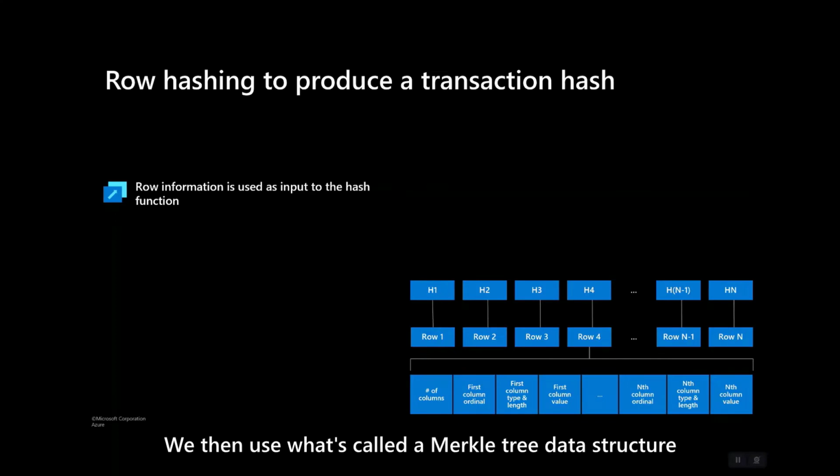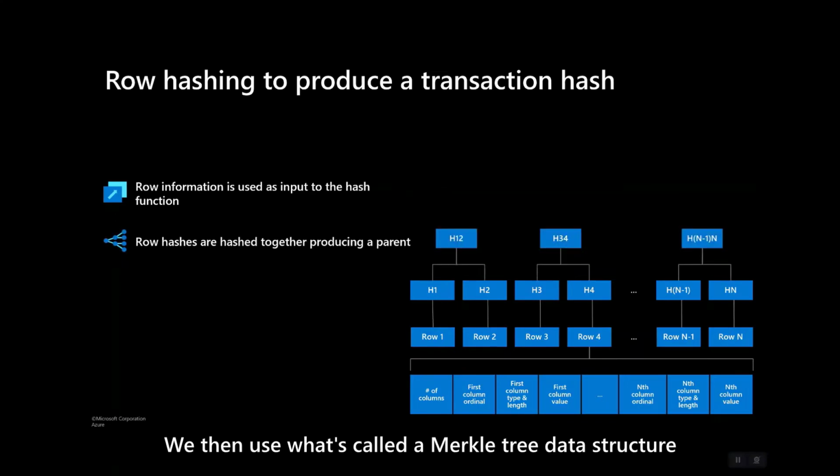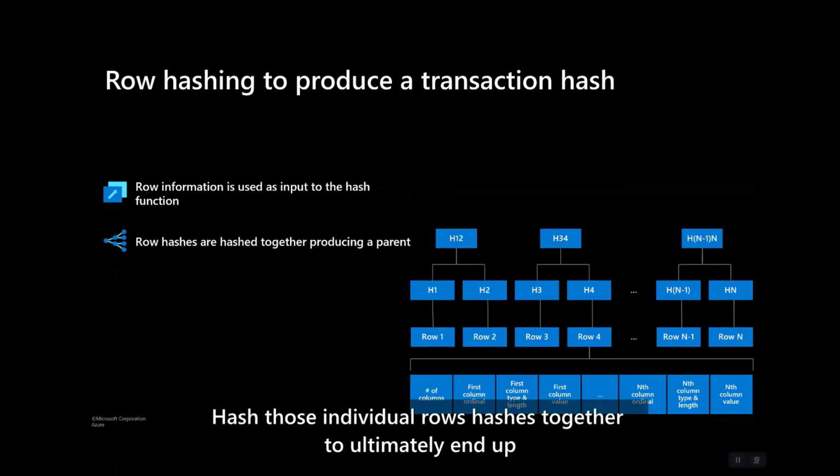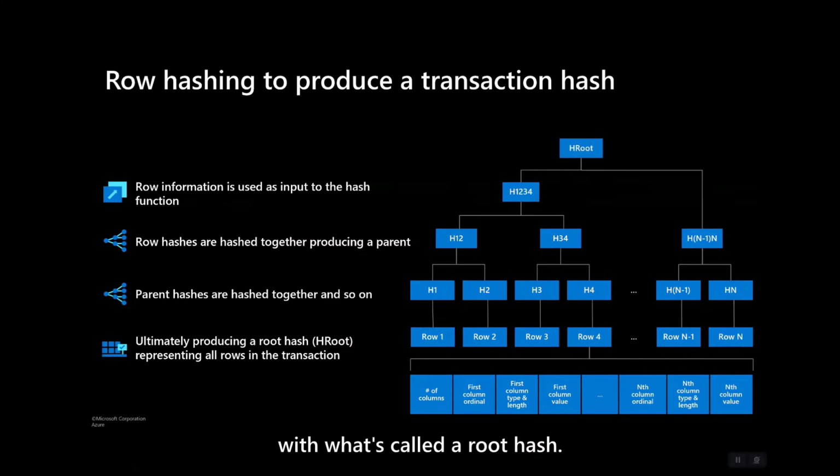We then use what's called a Merkle tree data structure to hash those individual row hashes together to ultimately end up with what's called a root hash. The root hash at this point now represents all of the data that's inside of that transaction, all of the rows that have been updated in a single hash entry.